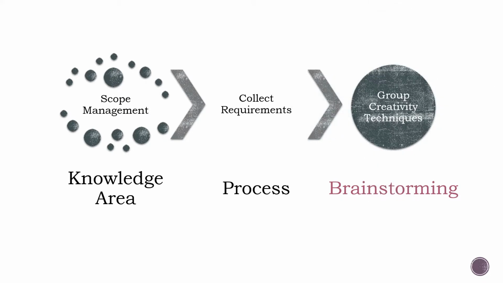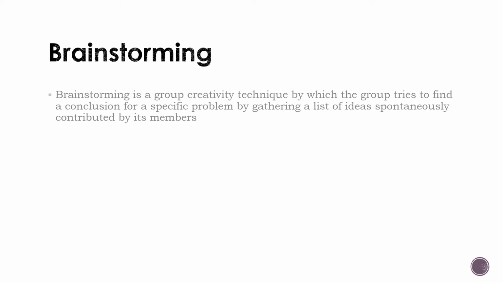So let's get started. Let's try to understand what brainstorming is. Brainstorming is basically what you can imagine and what you already know about. It is a group creativity technique by which the group tries to find a conclusion for a specific problem by gathering a list of ideas spontaneously contributed by its members. The key here is spontaneously.